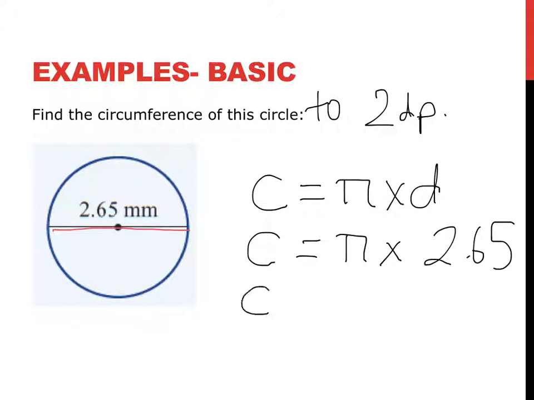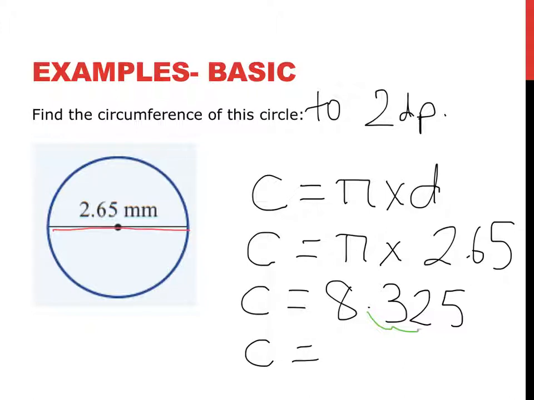So my circumference will equal 8.325 millimeters. To 2 decimal places, 1, 2, I look to the number next to it, it's a 5, so this one goes up to 3. So my answer will be 8.33 millimeters.